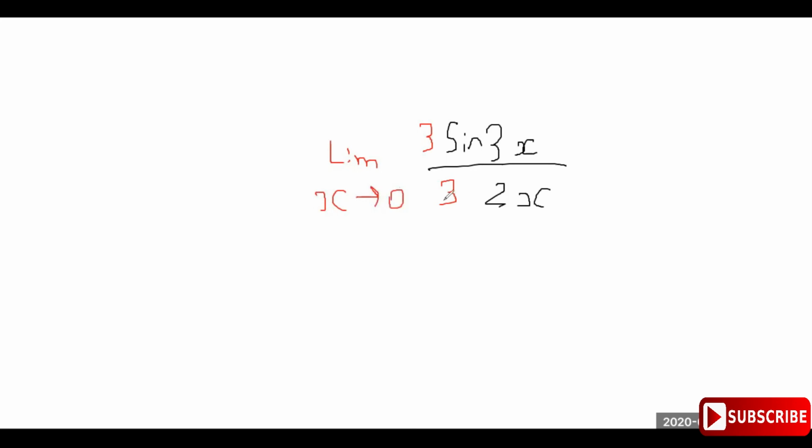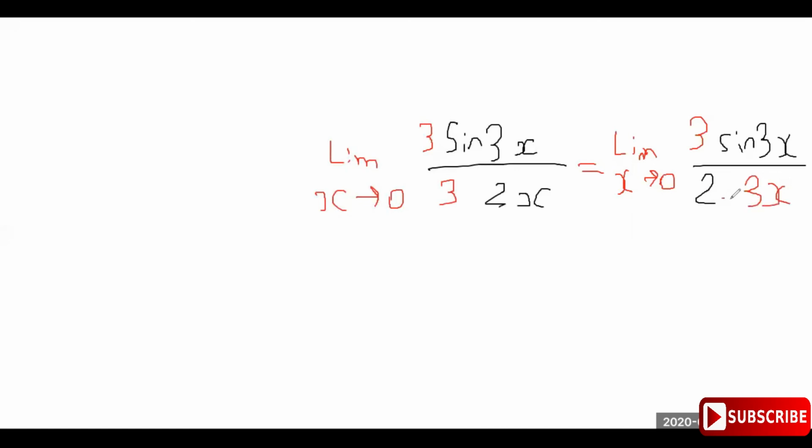Because multiplication is commutative, I can rewrite this as the limit as x goes to 0 of 3 sine 3x, divided by 2 times 3x, because 2 times 3x is the same as 3 times 2x.